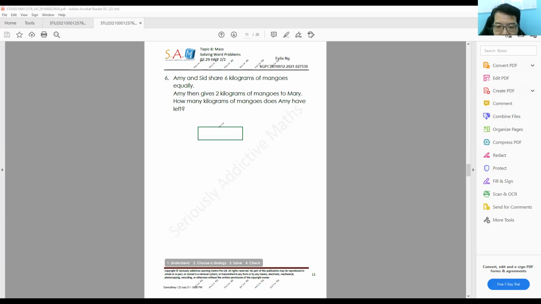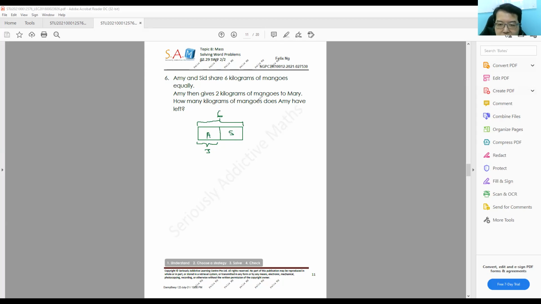That means that I will draw 2 units or 2 rectangles. And they share 6 kilograms of mangoes equally. So 6 divided by 2 equals 3, right? So that means that both Amy and Sid have 3 each.